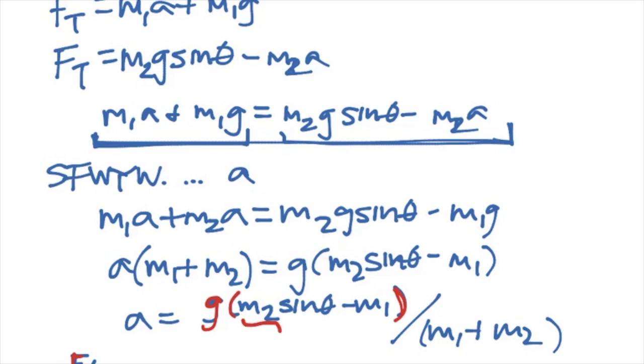I've got this part which is pulling down the ramp, and this part which is pulling up the ramp. Who wins? Well, it depends on the angle and which is bigger, m2 or m1. But the point is that one of them is going to pull to the positive x side, and the other one is going to pull to the minus x side.